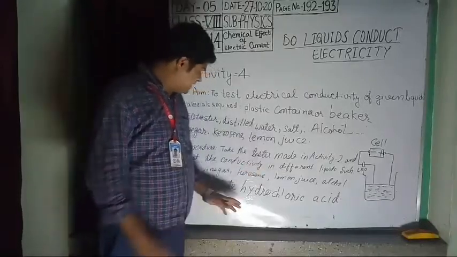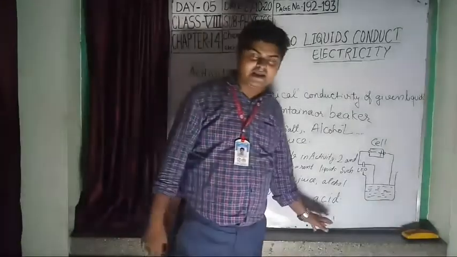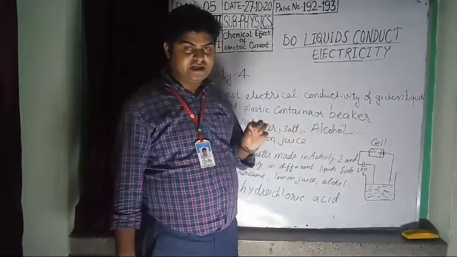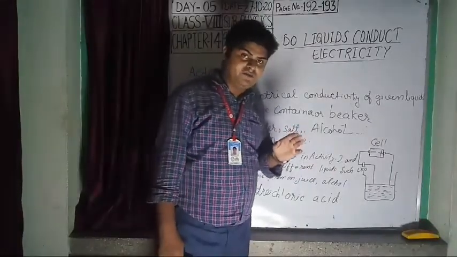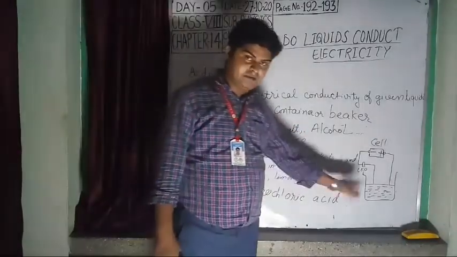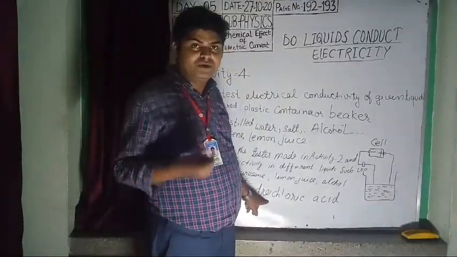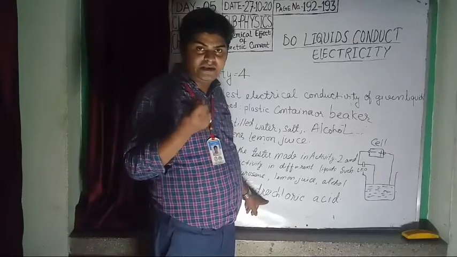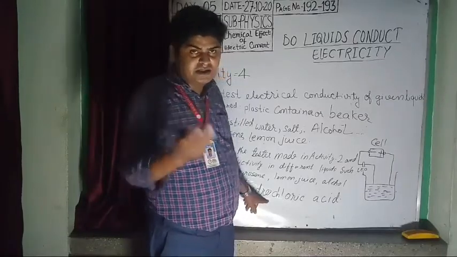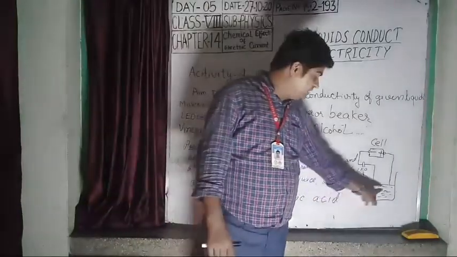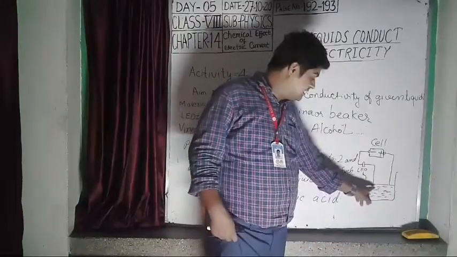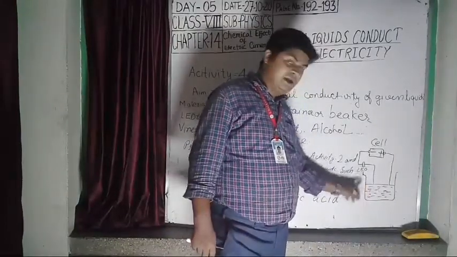Then you will take some hydrochloric acid. HCl is a strong acid, so be very careful when putting it in the container. I have told you that acids are good conductors of electricity, so when you put HCl in the container, the LED bulb glows.